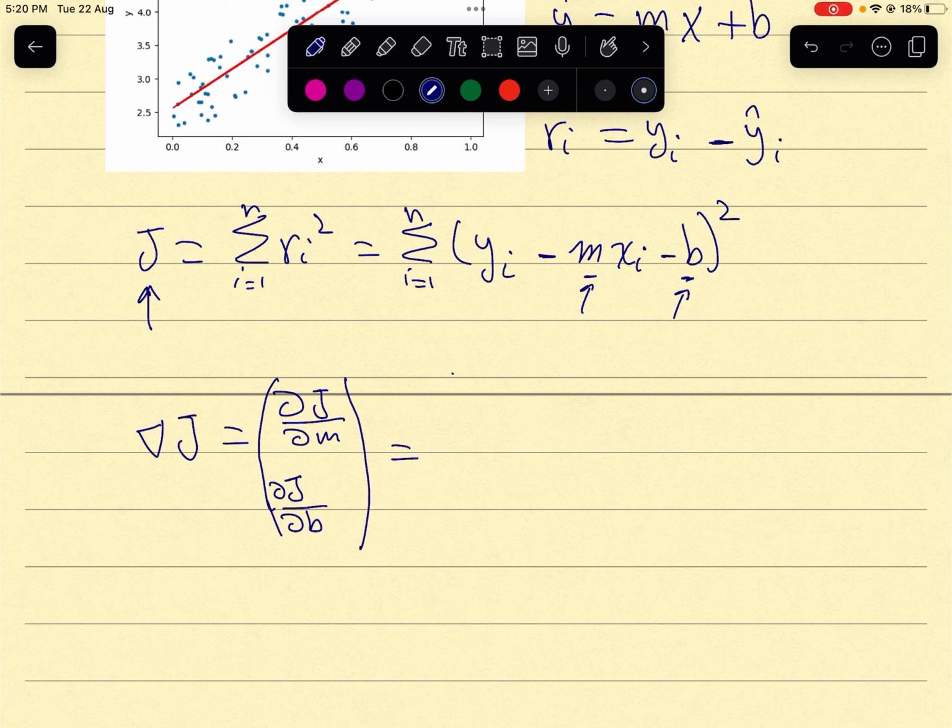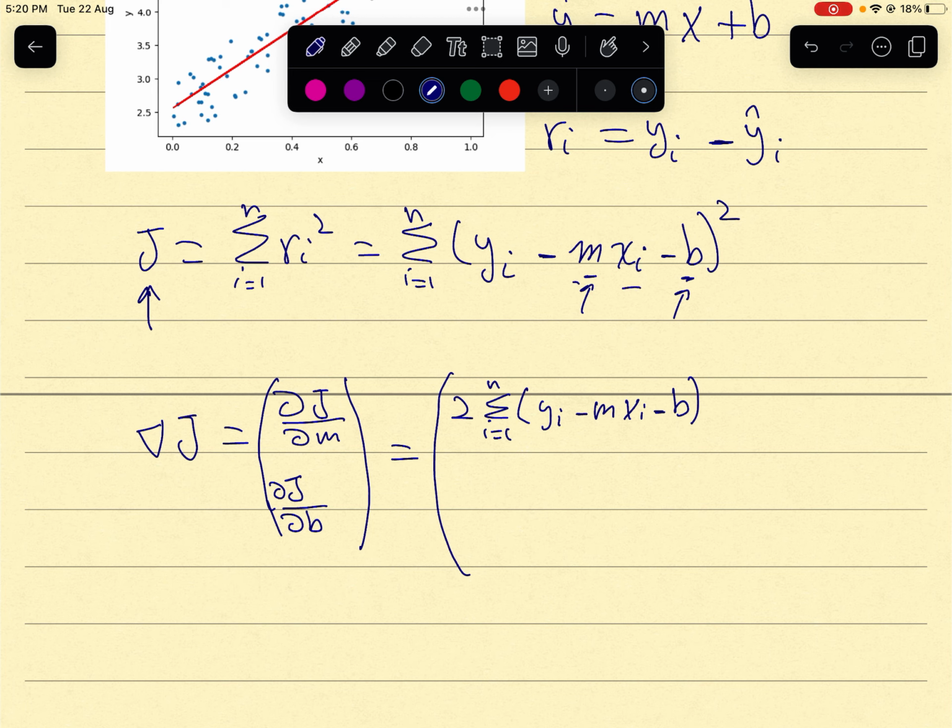Here I will get 2 times the sum i equals 1 to n of (yi minus m xi minus b), by the chain rule I will multiply by minus xi.